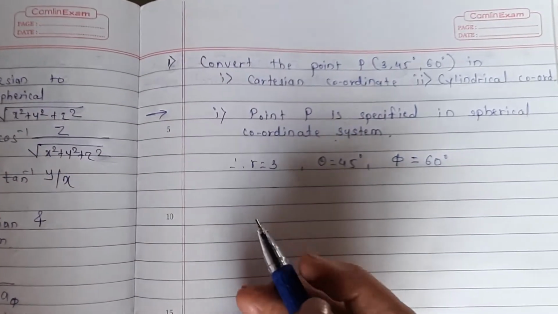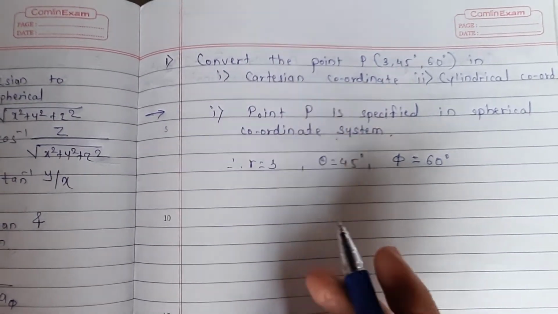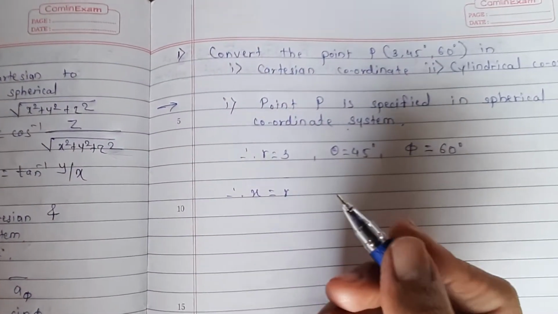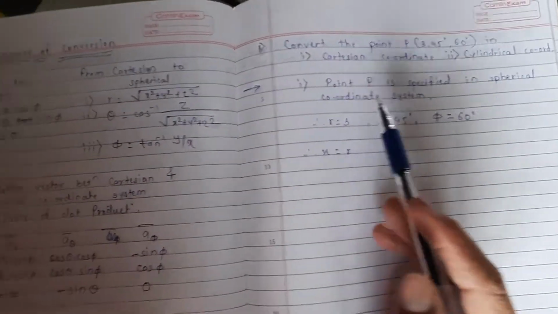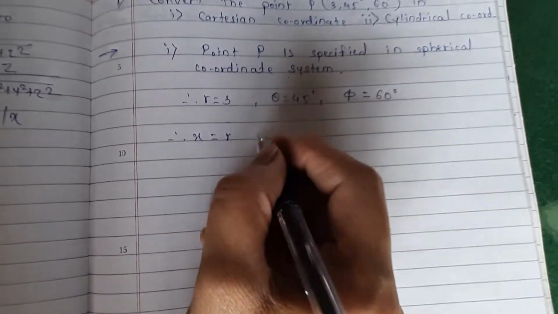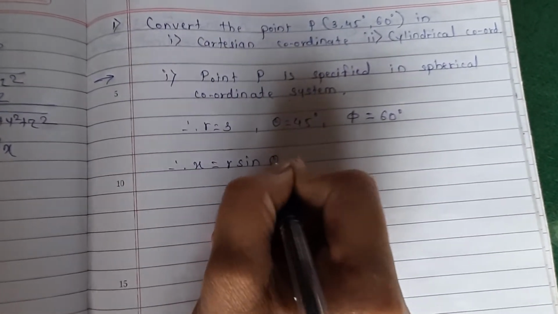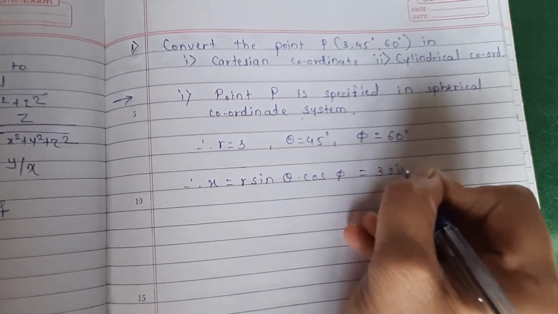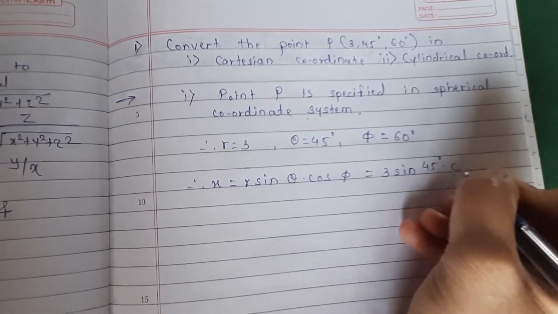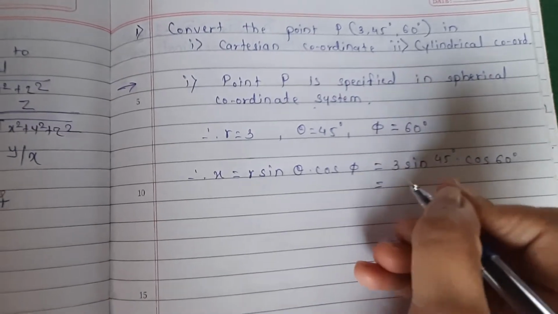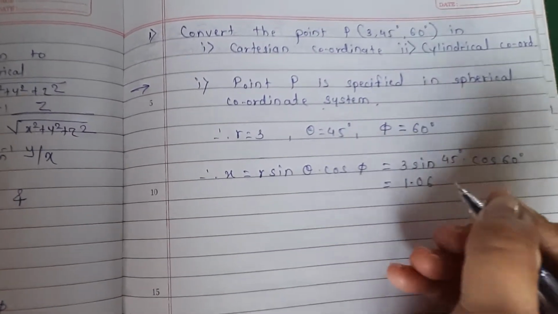Now we have to use the conversion relations. For converting spherical to Cartesian coordinates, we have to use these formulas. So x is equal to r sin theta cos phi. So that is 3 sin 45 degree cos 60 degree. We solve it on the calculator, and the answer is 1.06.